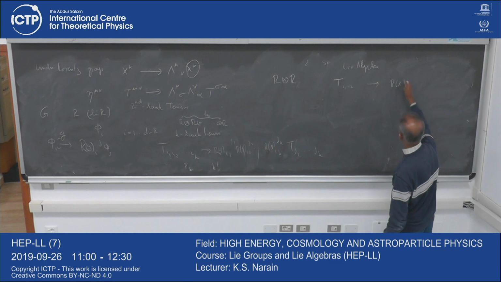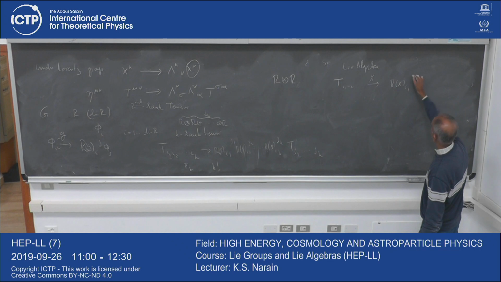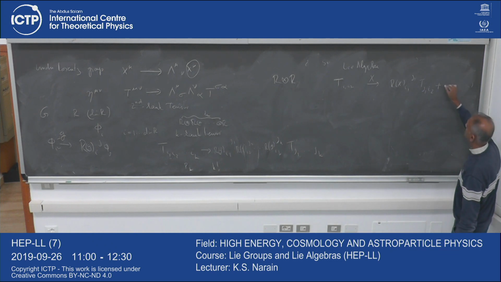Under some Lie algebra element X, this will transform into R_X with indices I1, J1, times T with J1, I2, plus R_X with I2, J2, times T with I1, J2, right?